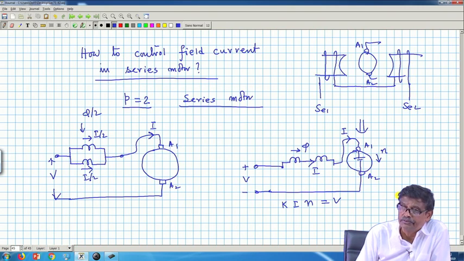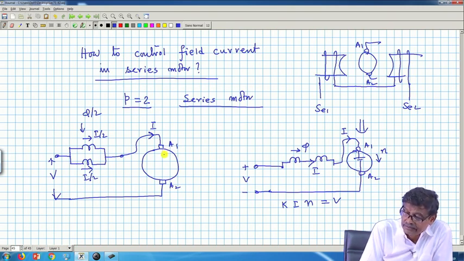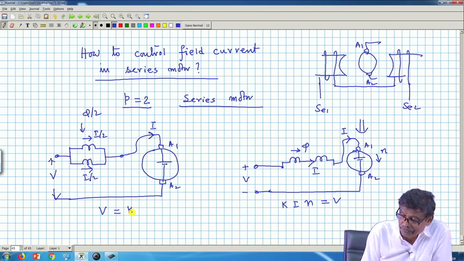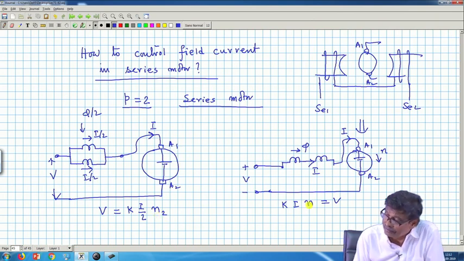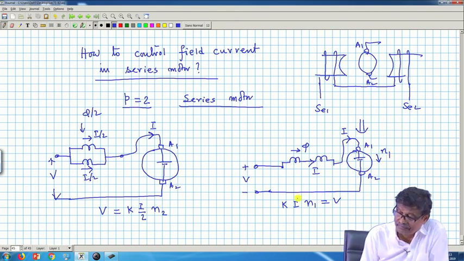Once again, with no resistance present here, back EMF will be the same as the supply voltage because there are no drops. So, V is equal to the same k into, instead of I, I by 2, and the new speed I want to find out, n2. Let us call this n1. So, what will be n2?